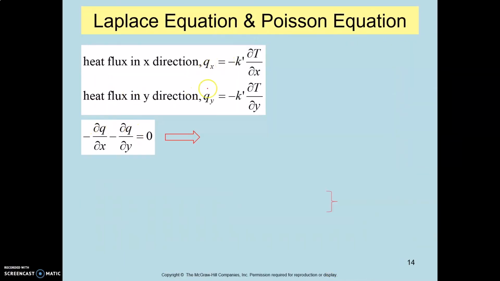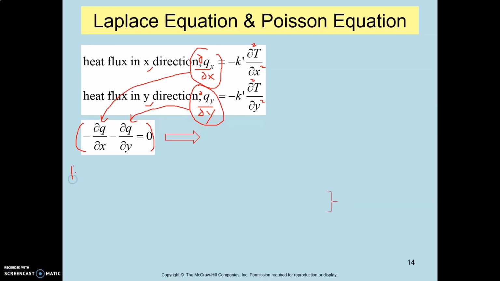So these are the equations that we obtained so far: the heat flux in x direction, y direction, and the PDE. If we differentiate Q with respect to the x-axis, we obtain this d squared over dx squared. And of course, we do the same thing with respect to the y-axis. From here, you can see we can substitute inside this equation, and for this one, we can do the same thing.